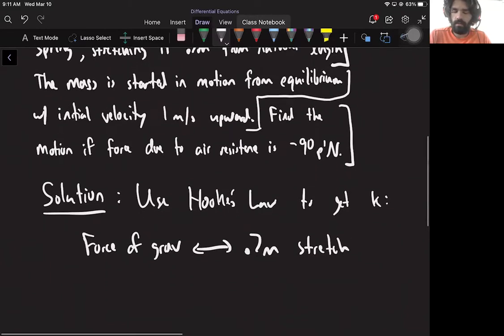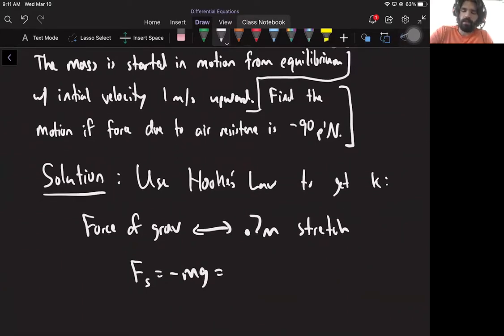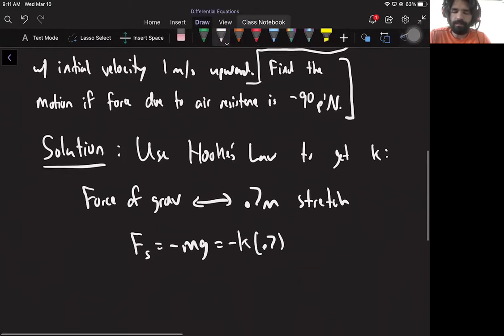And that means that the restoring force is equal and opposite to the force of gravity. So it's negative because gravity is positive, because down is positive. And that's going to equal negative K times the length that it stretches because of that force, which is 0.7.